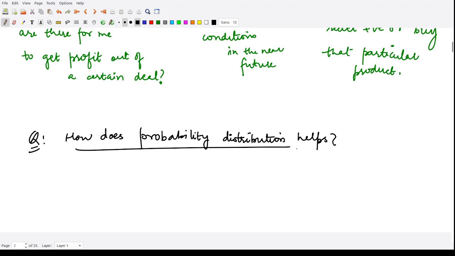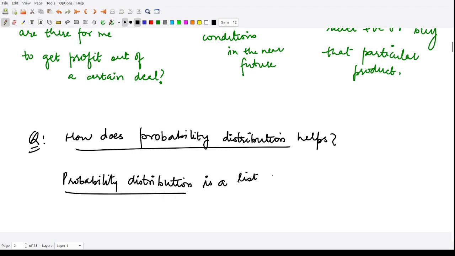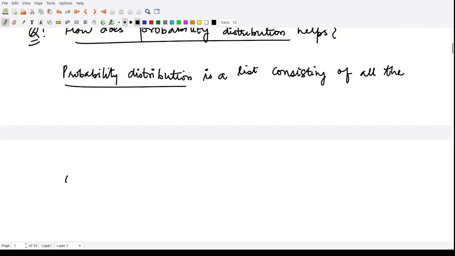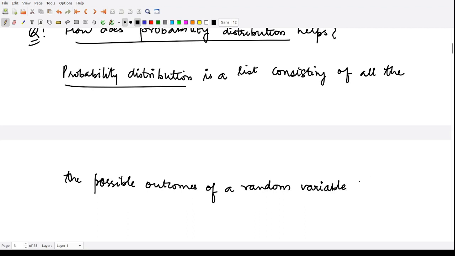So as I've told you, first of all, what is a probability distribution? Probability distribution, that is a list consisting of all the possible outcomes of a random variable, along with its probability distribution.